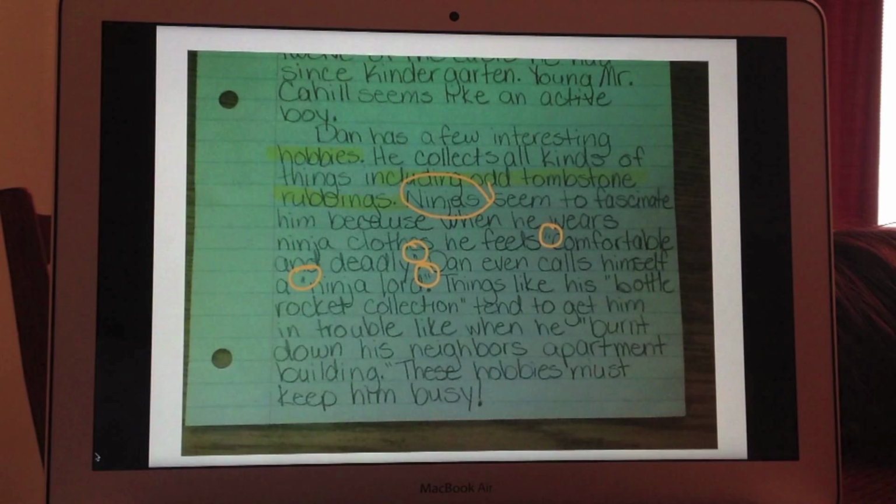I was able to use things like his bottle rocket collection, and I inferred that it tended to get him in trouble, like when his aunt said that he burnt down his neighbor's apartment building. Again, I wrapped this up by saying the hobbies must keep him busy.